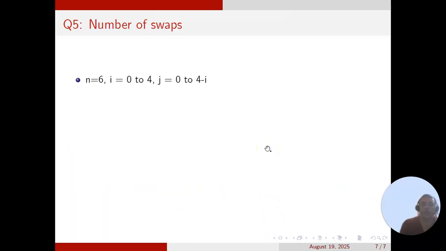So for n equal to 6, there will be 5 passes, and j goes from 0 to 4. As you can see, the first 3 elements are already in ascending order, so there won't be any swaps.